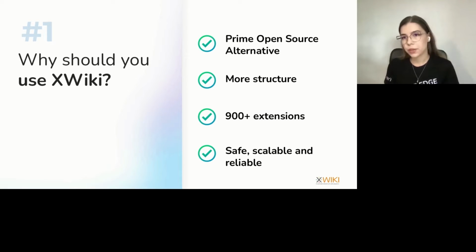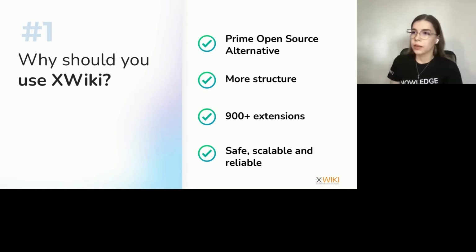The defining feature of XWiki is structure. Compared to Confluence, we have some additional features that we call data structures, or apps within minutes, which can be very handy if you need to manage large levels of data that can be labeled or that can have some metadata.